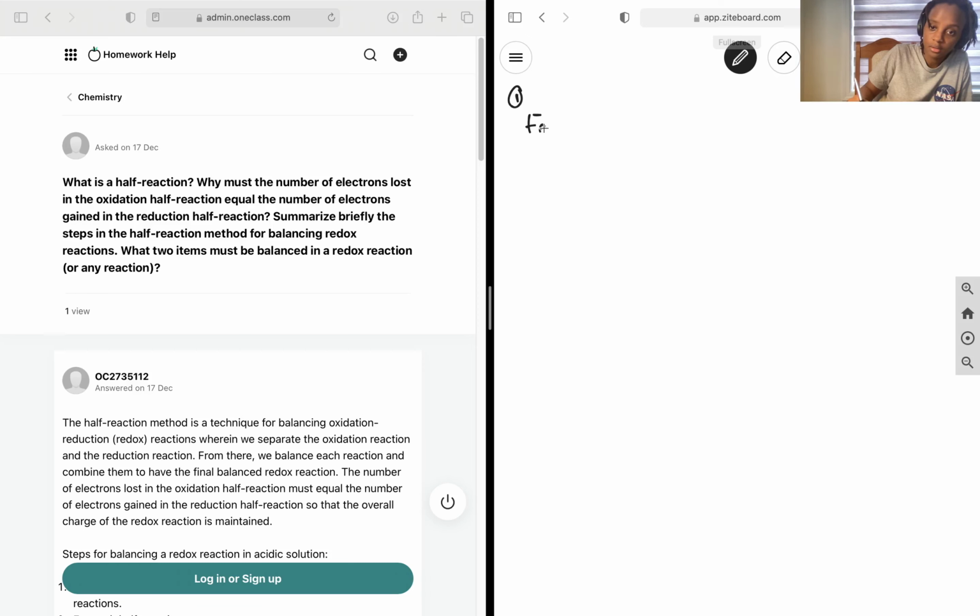So we're going to have a redox reaction between iron 2 plus ions in an aqueous solution plus these ions also in an aqueous solution, to give Fe3 plus aqueous plus Cr3 plus aqueous.